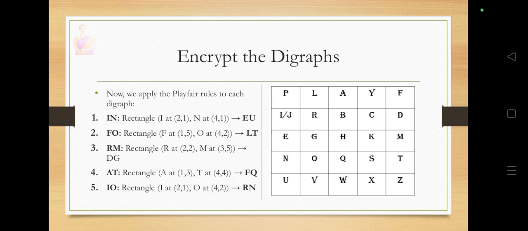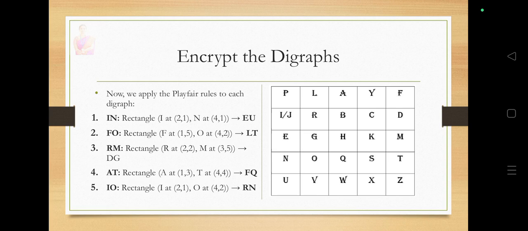And next, for AT. It also belongs to a different row and different column. So look here. Yes, it also belongs to a different row and different column. So take the intersection of the letters A and T. Now you can guess the answer, right? What is the intersection of the letters A and T? It will be F and Q. Is it clear? Where is A located?